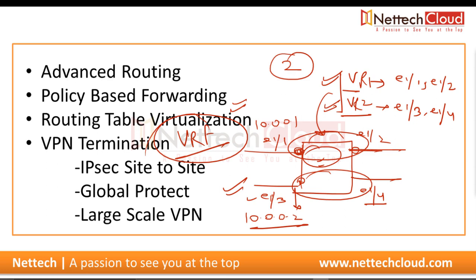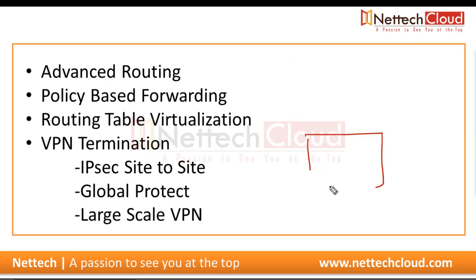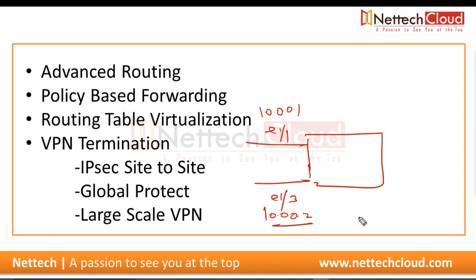But what if both interfaces are in the same virtual routing table, right? Can we assign IP addresses from the same subnet or same network? No, a big no. Whether it's a Palo Alto firewall, Cisco router or any other device, if interfaces are in the same routing table, they can never have IP addresses from the same subnet.